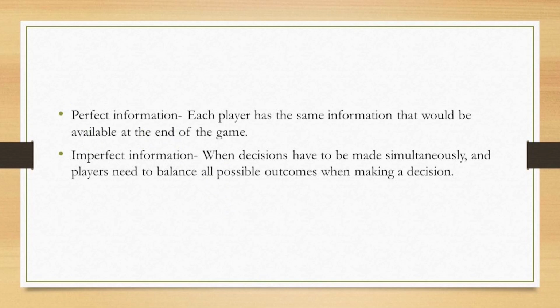And studying this, we come to two terms: perfect information and imperfect information. In perfect information, each player has the same information that would be available at the end of the game, equal information. But in imperfect information, decisions have to be made simultaneously and players need to balance all possible outcomes when making a decision.